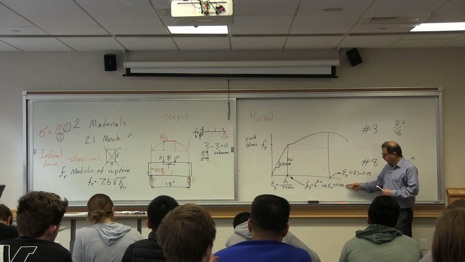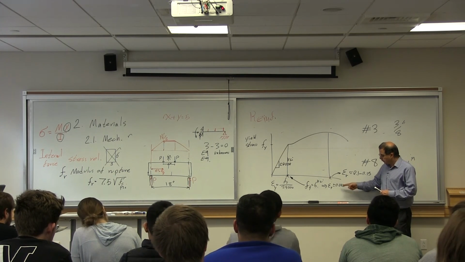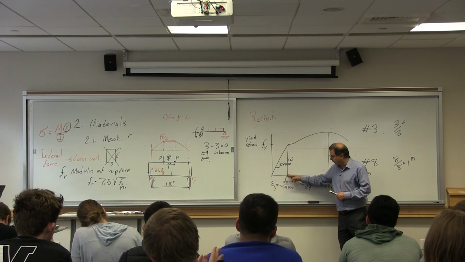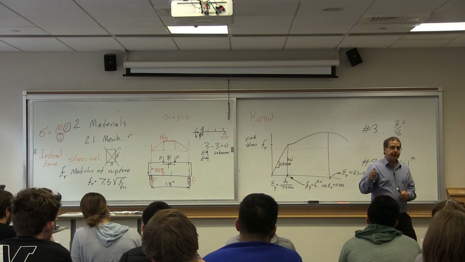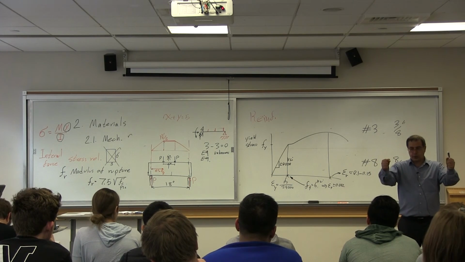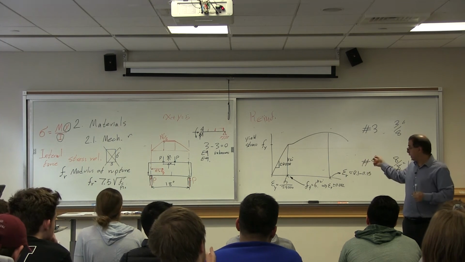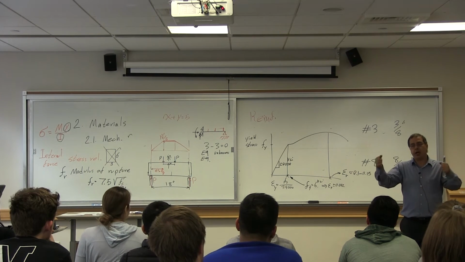So this strain is 50 times larger than the strain that you have here. That means if a rebar starts to yield, in order to get to that point, it needs to deform 50 times more.